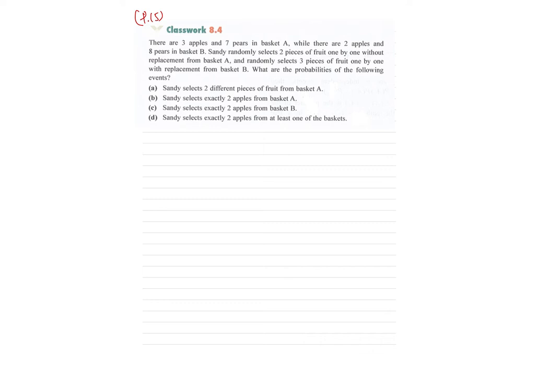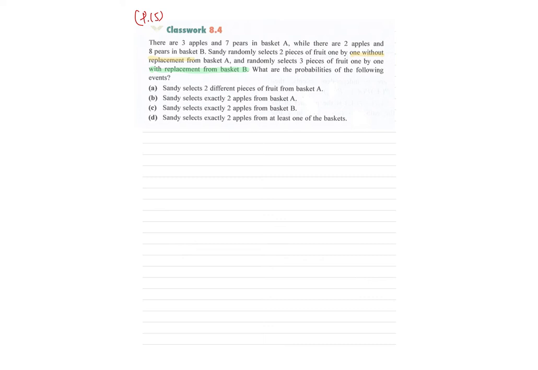Okay, so let's look at another example on page 15. It's about conditional probability, where we need to talk about independent events. In this case, there are 2 baskets, A and B. The difference is that A is without replacement, but B is with replacement.